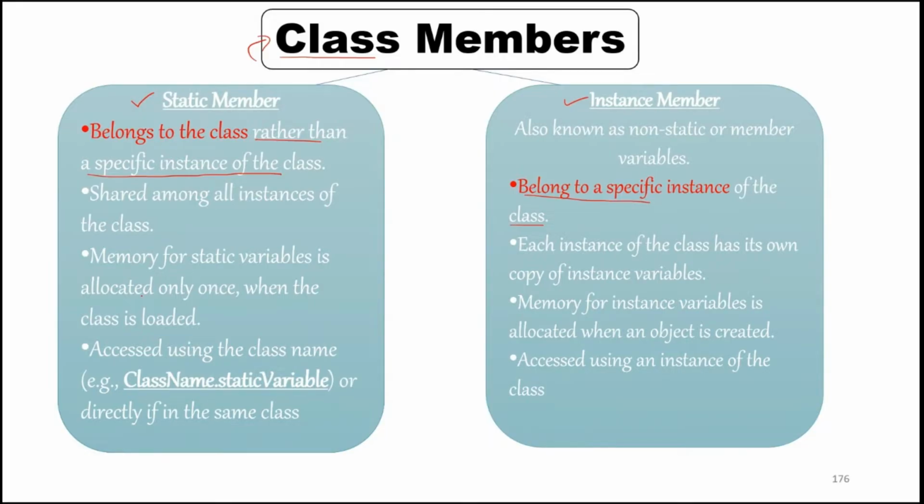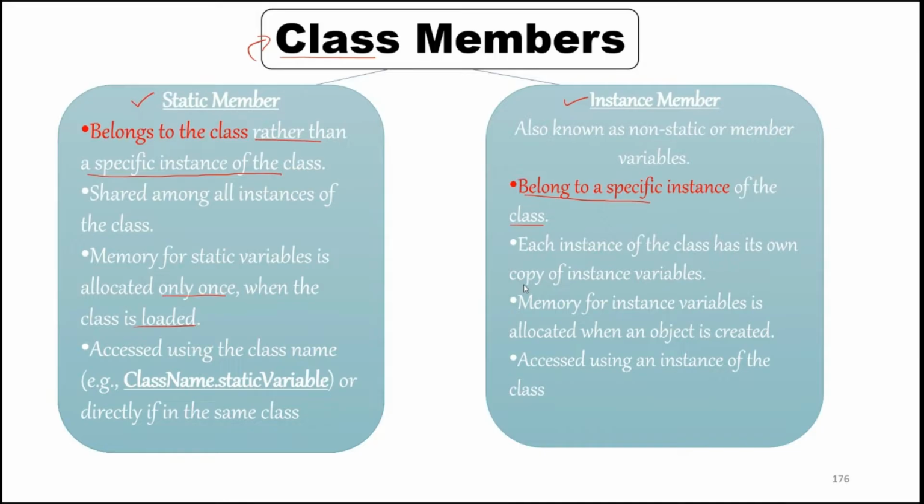Here, memory for a static variable is allocated only once when the class is loaded. This is very important. When we declare any variable as static, memory is allocated only once. But on the other hand, each instance of the class has its own copy, that means its own memory for the instance variable.